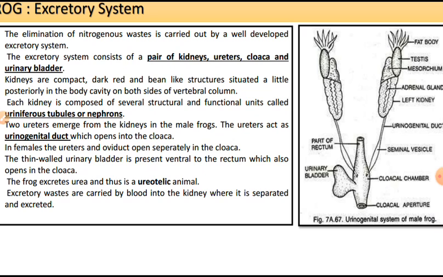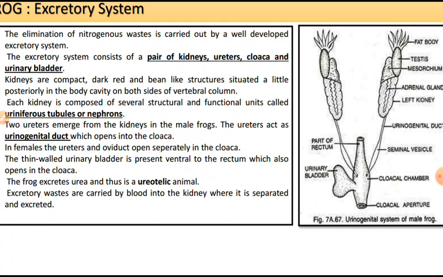After the ultrafiltration, a fluid is filtered into the tubules, and this is also called primary urine. It contains many useful substances like glucose, water and salts. Such substances have to be reabsorbed, otherwise the frog will face many troubles. So they are reabsorbed into the capillary net present around the uriniferous tubules.